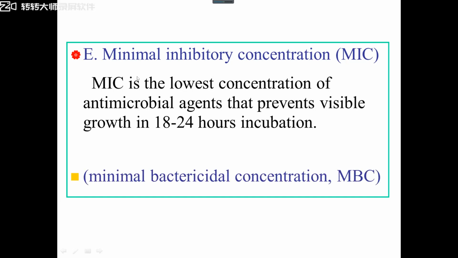Compared to MIC, another one is MBC, minimal bactericidal concentration. Very easy. MBC is the lowest concentration of antimicrobial agents that kills visible growth in 24 hours of incubation. We call this MBC, minimal bactericidal concentration.